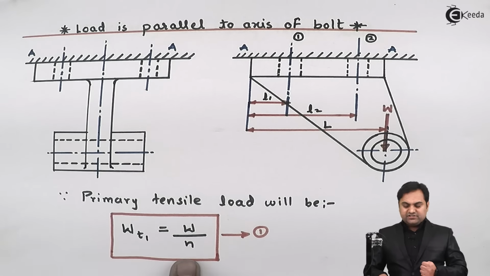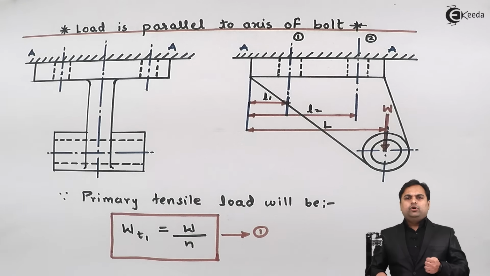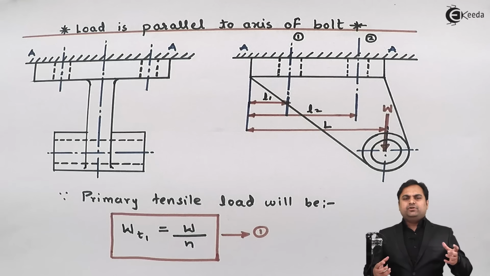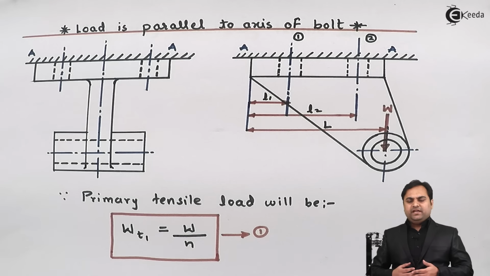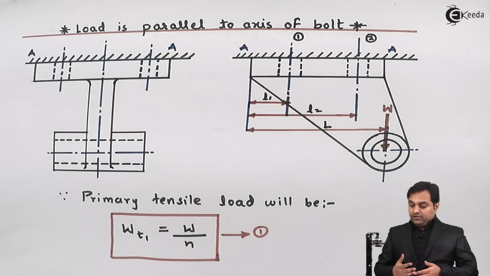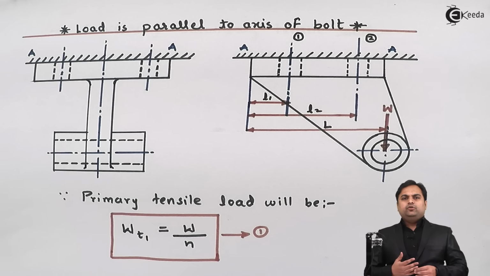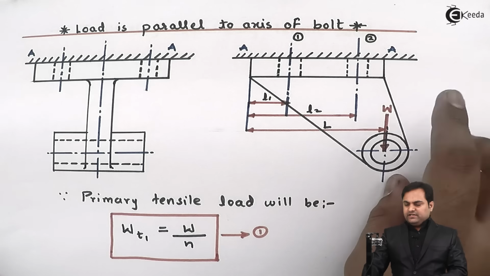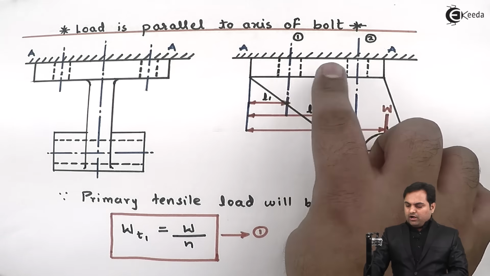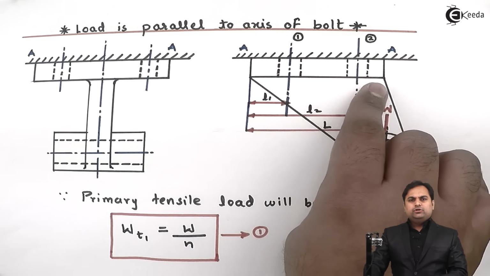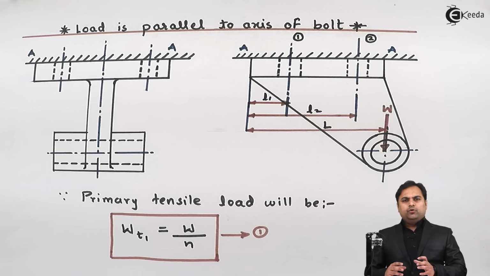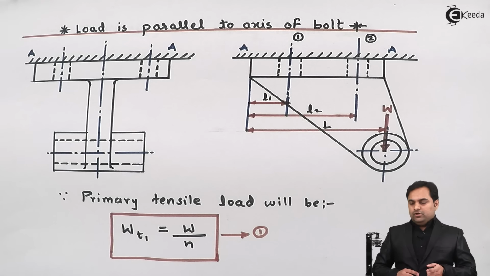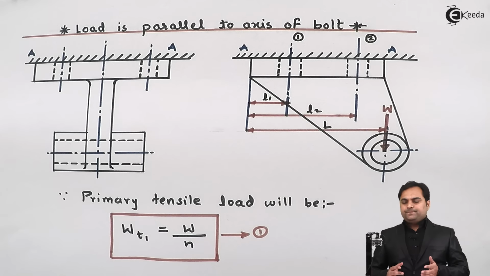That is, in the first case when it was primary tensile load, all the bolts were failing together, they were getting stressed together and then breaking. But here when we are considering secondary tensile load, when the load is acting, there are chances that out of both the bolts, any one of the bolts is stretching more compared to the other. Now how does this take place?